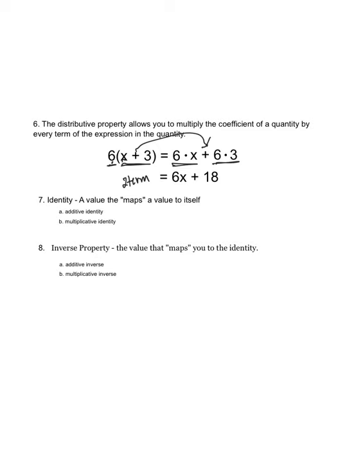Let's try another one. You guys can write this one down. Let's write down 3 times the quantity, 2x minus 7. Go ahead, use the distributive property for me, please. Uh-oh, who did I lose?